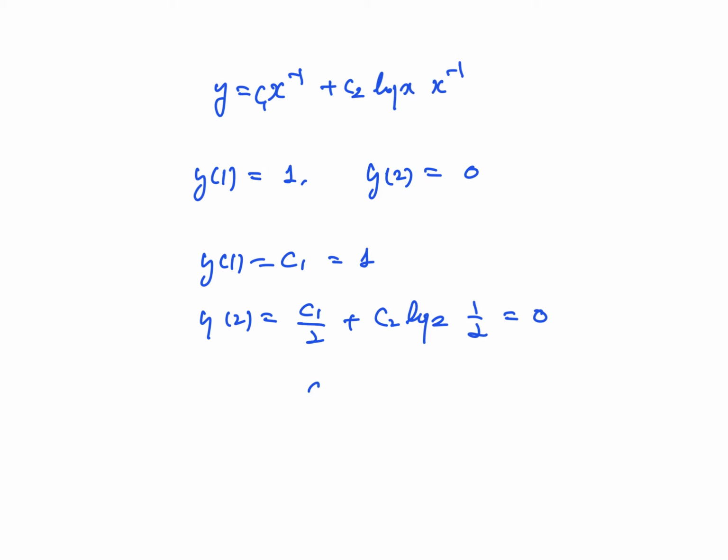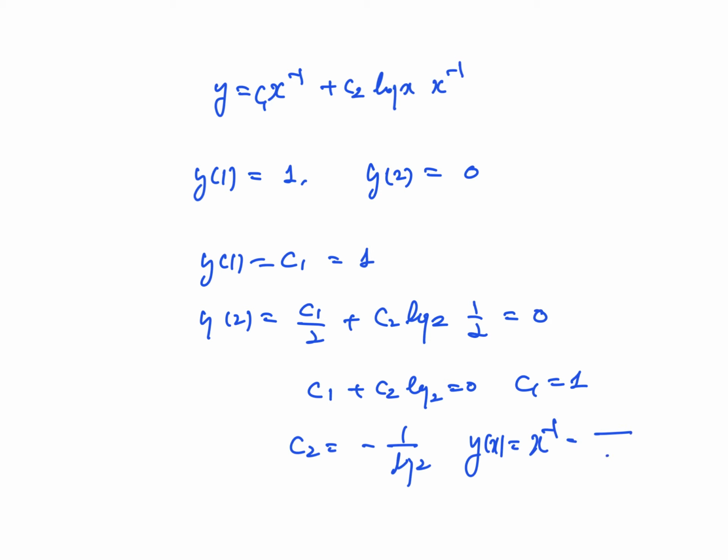So c1 plus c2 log 2 is equal to 0. c1 is 1, so c2 is minus 1 over log 2. Okay? So the solution y(x) is x to the minus 1 times (1 minus log x over log 2). That's your solution.